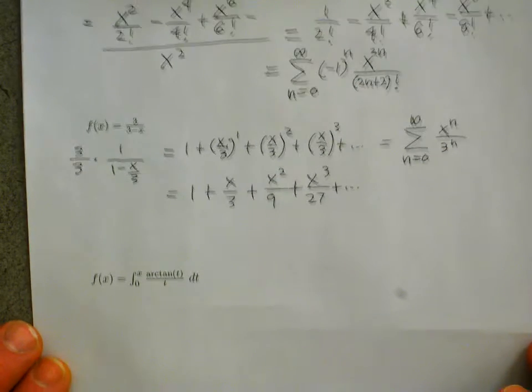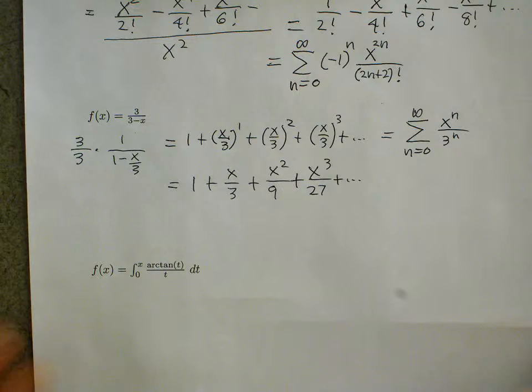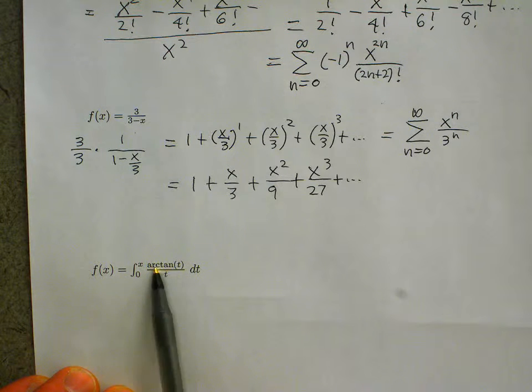Okay, the next one. So this one looks a little different than what we've seen, but we know how to do it. We can bring all of the components of our understanding to work on this one. We know what the series for arctangent is.